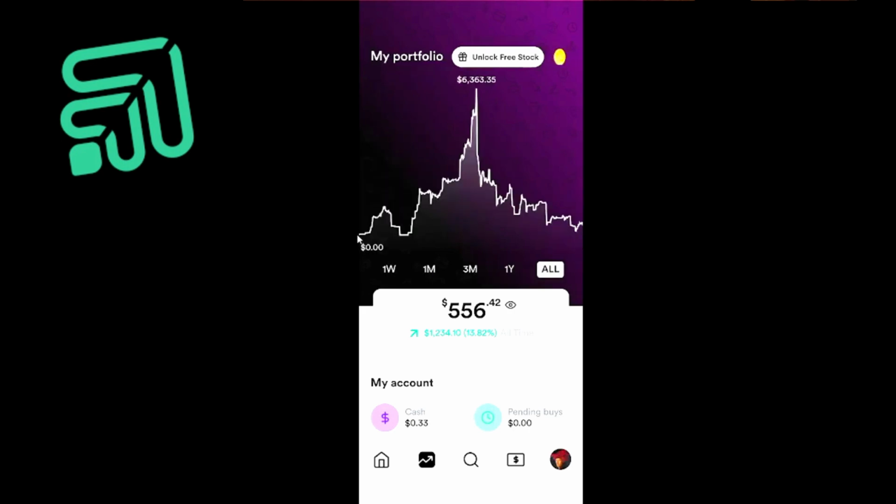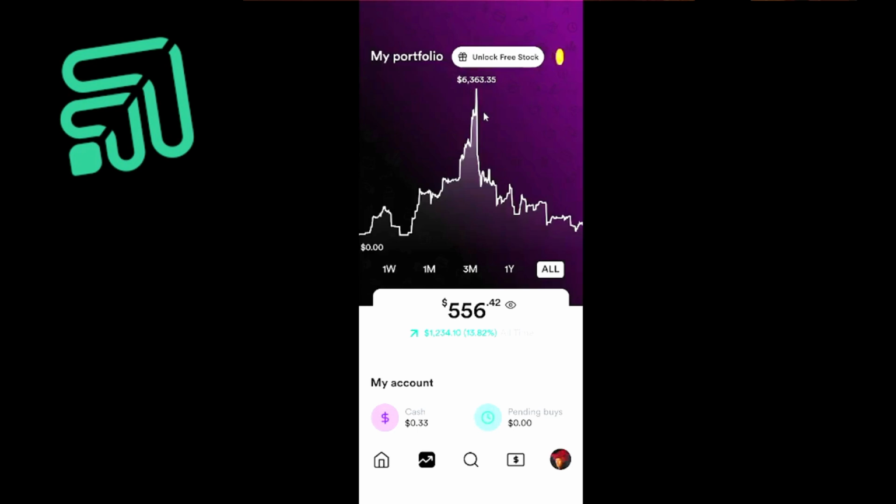I started around January. You could see the date on the bottom, around January 8, 2024. I started there, and this one, I managed to get $6,300.